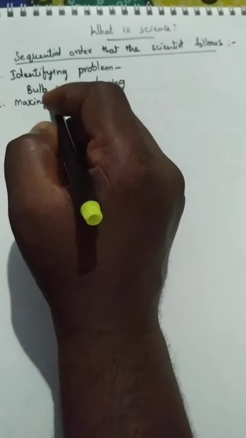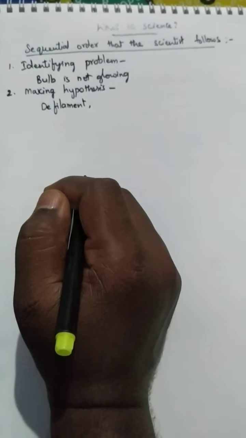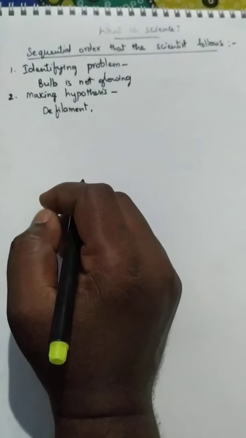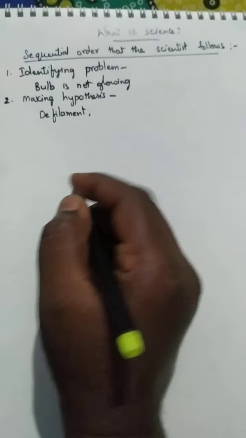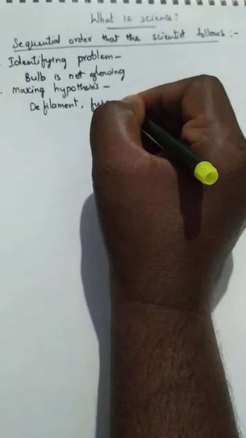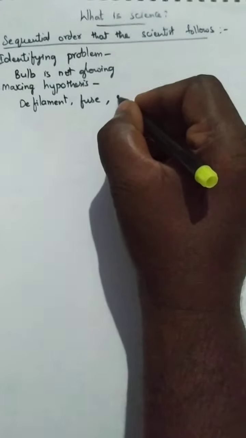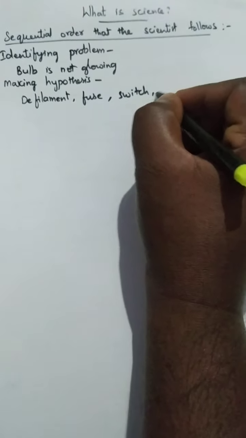You might have observed a spring-like structure inside the bulb, right? That is called the filament. If the filament fails, it will not work. Or there is a fuse problem, or a switch problem, or a wire problem. These are the different hypotheses that we can identify.